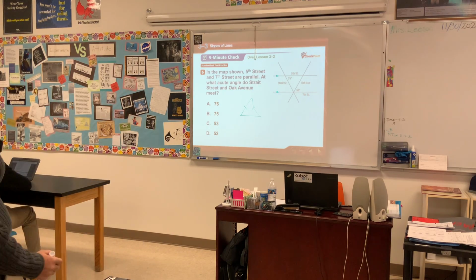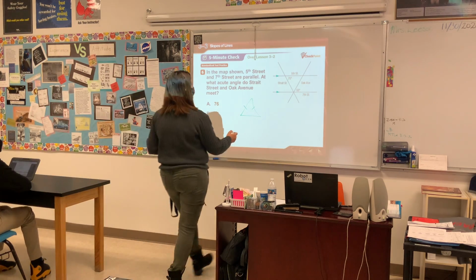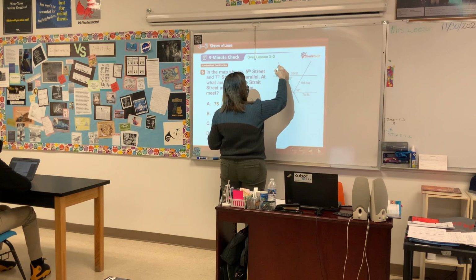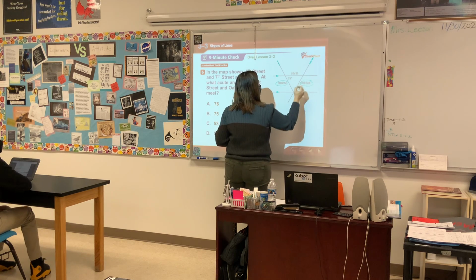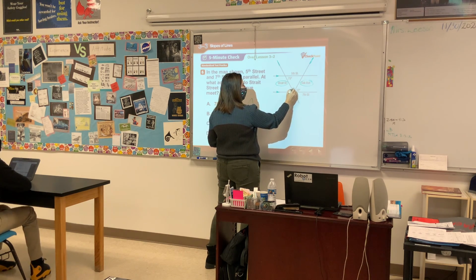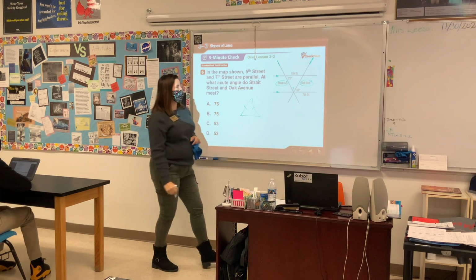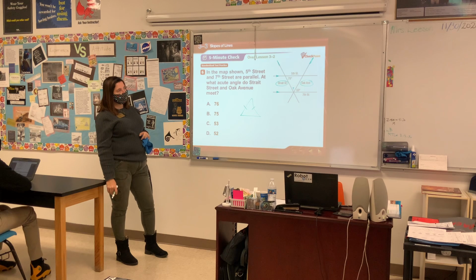At what acute angle do these two streets meet? So we want to know where they meet. What is the size of that angle? Do we have a way of determining?